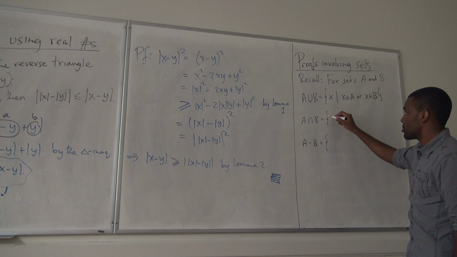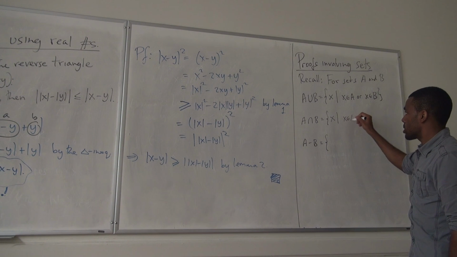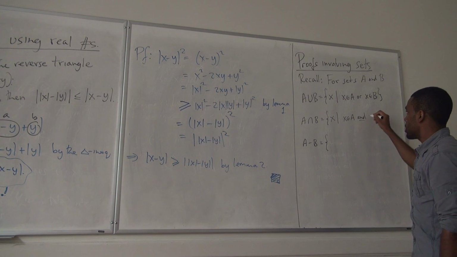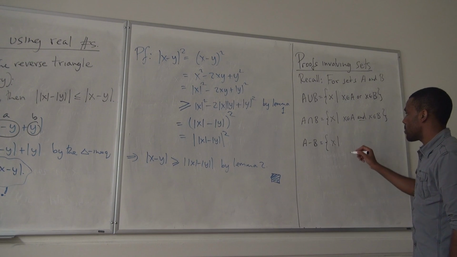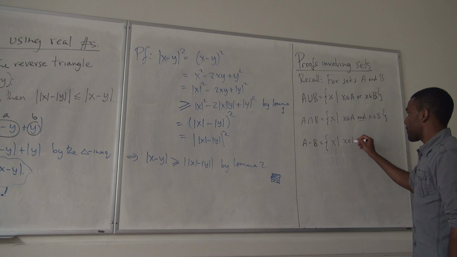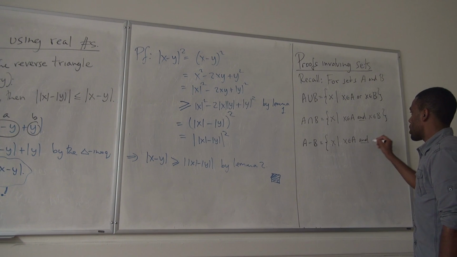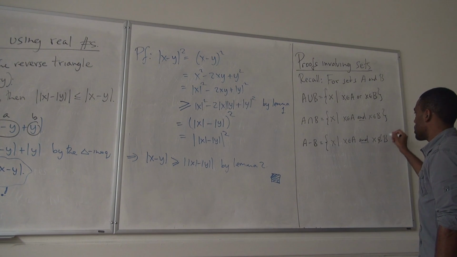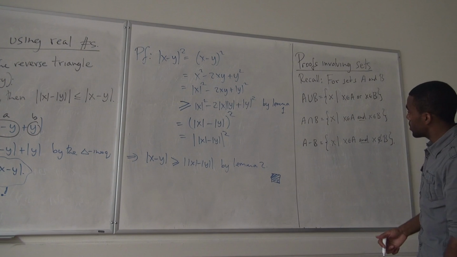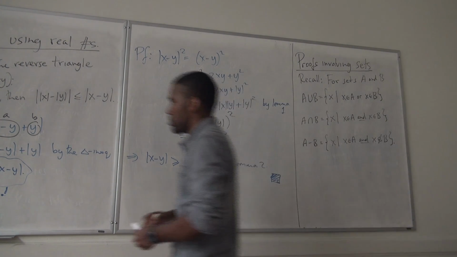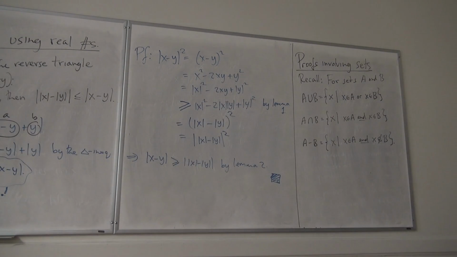The intersection is x in A and x in B. The difference is the set of all x such that x is in A and x is not in B. Those are the definitions. Okay, so let's prove a claim using sets so we can see what that's like.